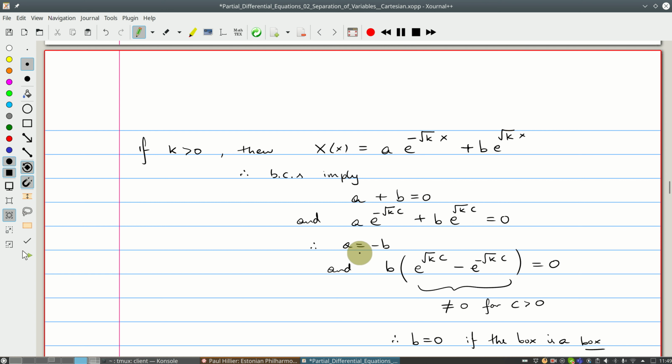Now from the first one a is minus b, so we then get from the second one b times the difference of these two exponentials is 0. But when c is greater than 0, this is impossible. You can't satisfy this unless b is 0 itself. But we have required k to be greater than 0. So this is not possible.